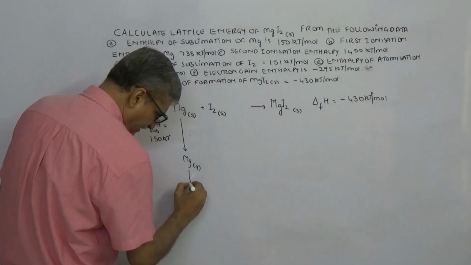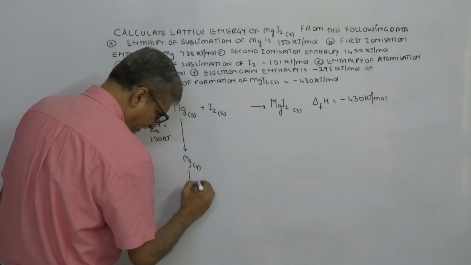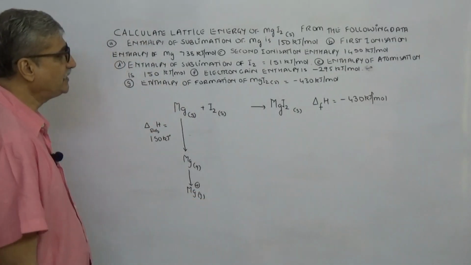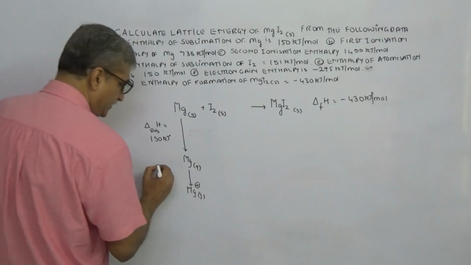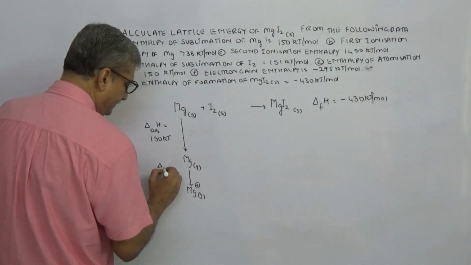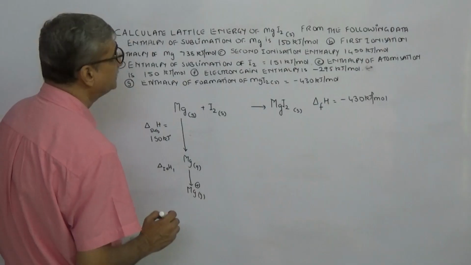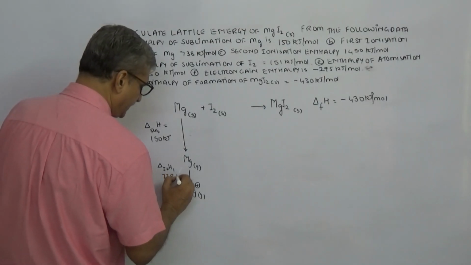Then magnesium is forming magnesium plus in the gaseous state. This will be first ionization enthalpy, delta ionization enthalpy H1, which is 738 kilojoule.